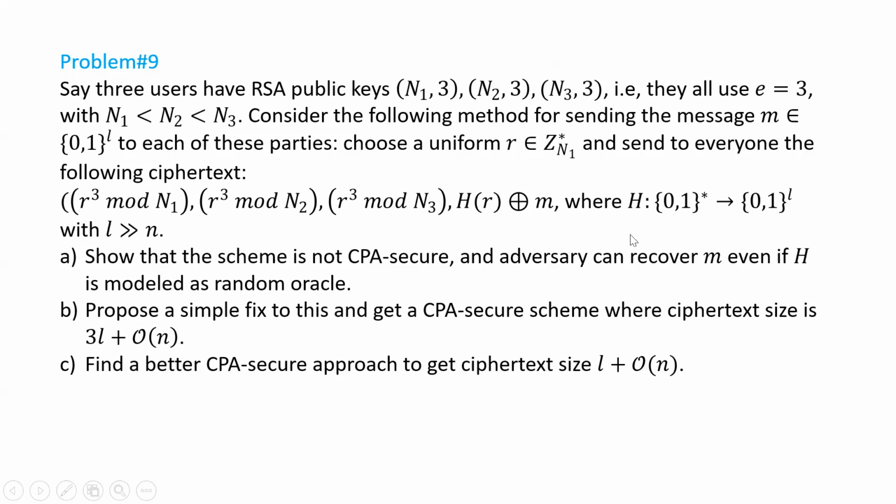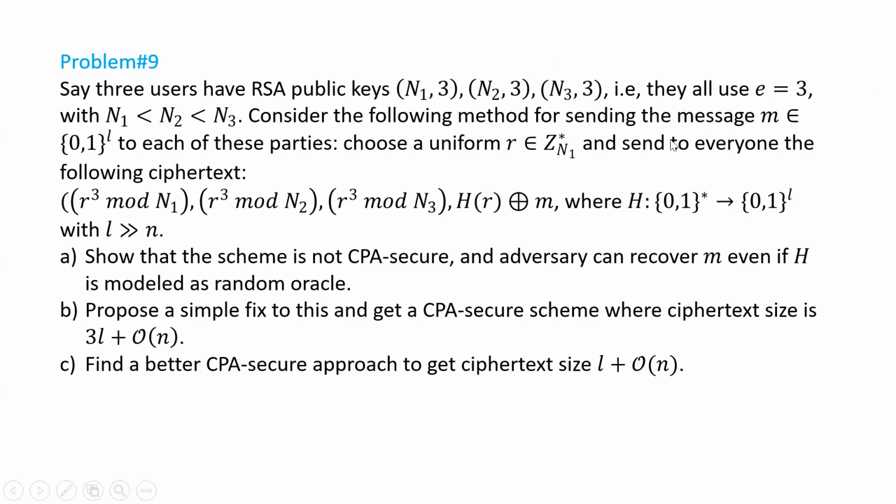Okay, and here H, you can think of it as some expanding function like a PRG, but the seed is not of some specific length here, so it can be of any arbitrary length. Okay, so you can think of it as a key derivation function, some hash function.